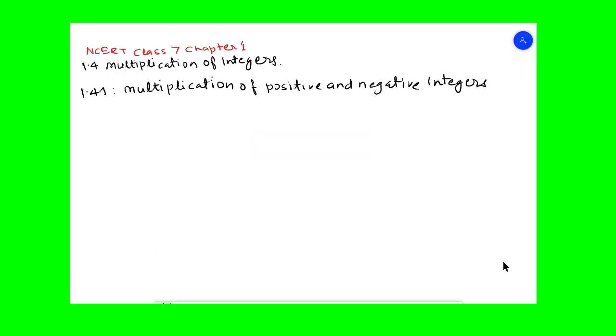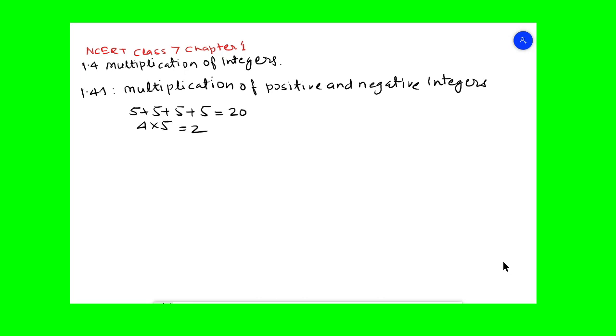NCERT, Class 7, Chapter 1, Topic 1.4, Multiplication of Integers, in which we go to Topic 1.4.1, Multiplication of Positive and Negative Integers. As we know, multiplication is repeated addition.